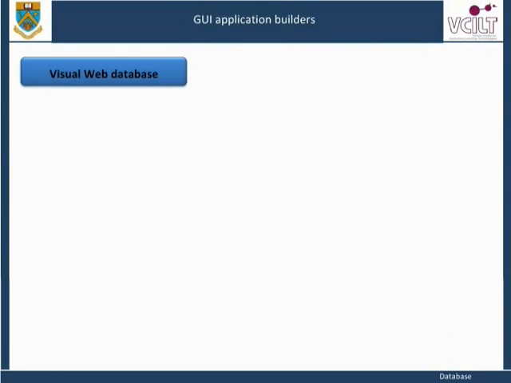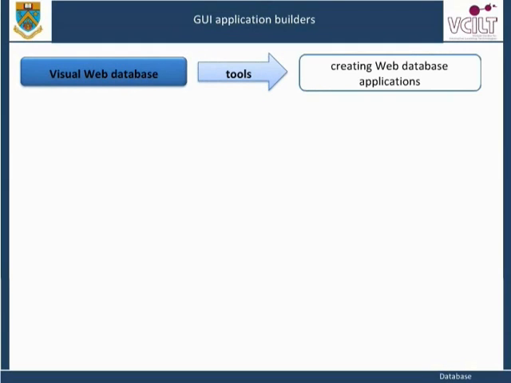Visual web database building tools offer an interesting development environment for creating web database applications. For developers accustomed to point-and-click application programming, these tools help speed the development process. For instance, Visual Basic or Microsoft Access developers should find such a tool intuitive and easy to use.